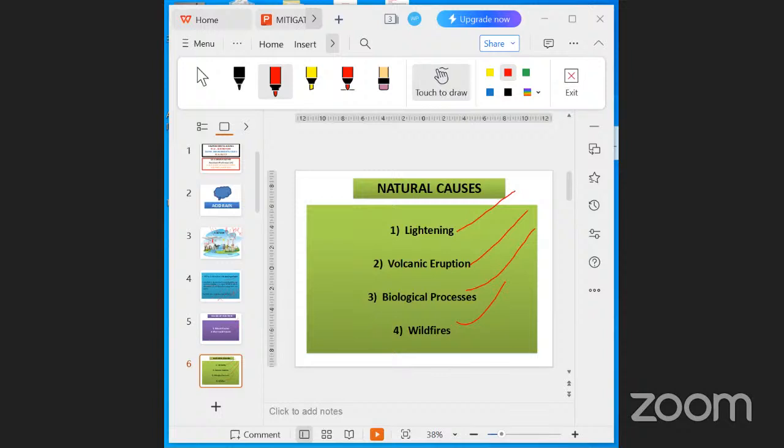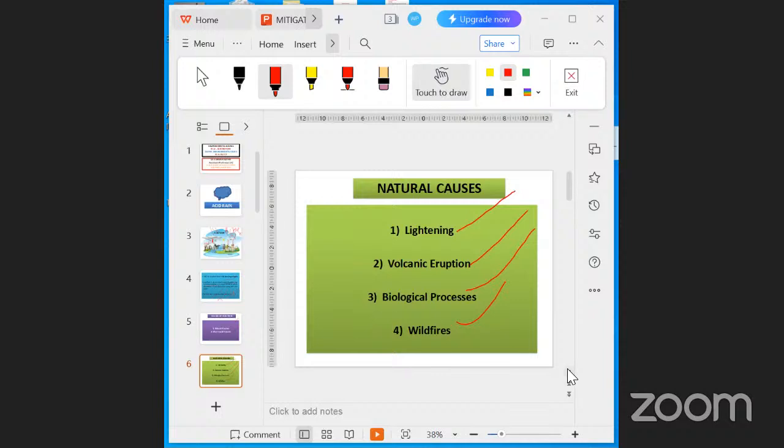Biological processes that occur on land and in water bodies also release acid-producing gases to the atmosphere. And wildfires, meaning uncontrolled forest fires, also release acid-producing gases, right?